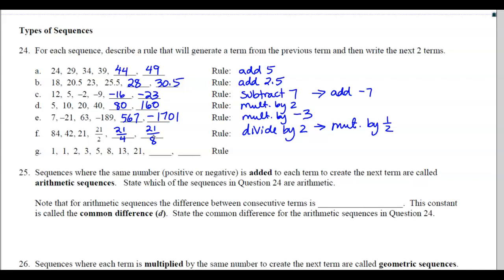Next one is a special sequence. Anyone know the name of it? Fibonacci sequence, yeah. So Fibonacci sequence says that you add the 2 previous terms together.